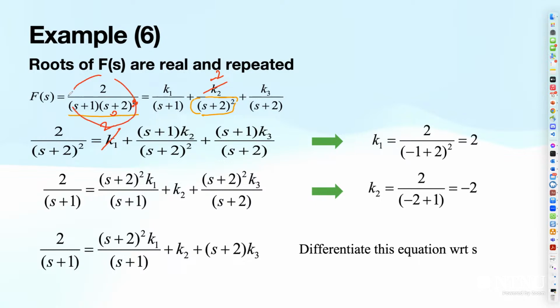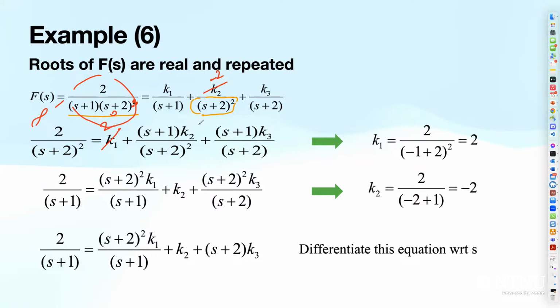That part will be infinity, right? So it will be impossible to solve for k3. So what should we do in this case? We just need to multiply both sides by s plus 2, so we avoid this infinity problem, and then take the first derivative of this equation with respect to s.